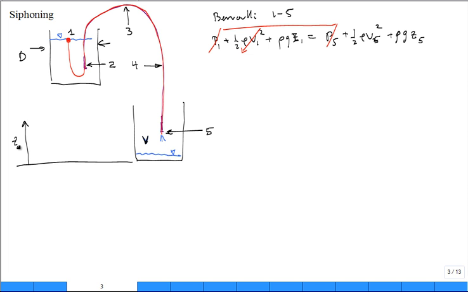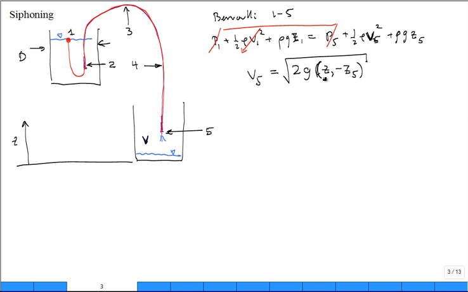Some coordinate system. How about one half rho V5 squared? That's what I want to solve for. I want to find V5. I don't know that. I hope I get an equation out of this that will let me calculate V5. And rho g z5. So what we do is we rearrange these terms, and you find that V5, with a little algebra, is equal to the square root of 2g times (z1 minus z5).